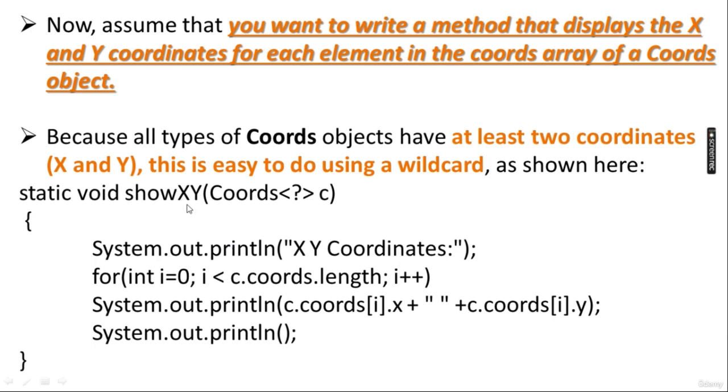So this is the method we have created, showXY. For integer i equal to 0, i less than c.coordinates.length, i plus plus, c.coordinates[i].x plus a space, c.coordinates[i].y. So what we are doing over here is displaying the x coordinate and y coordinate in the coordinates array. Whatever Coordinates object we have, its array we are fetching over here, and for that array's length we are iterating this for loop, and we are displaying the x and y coordinates.